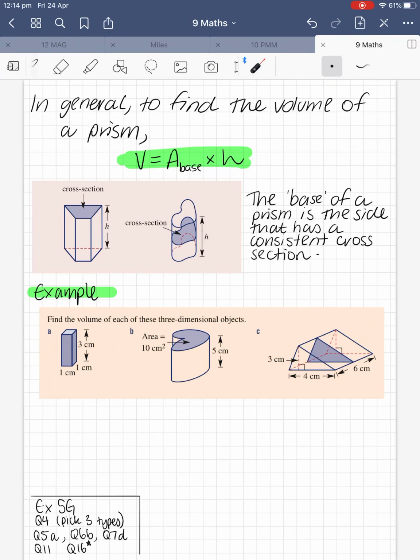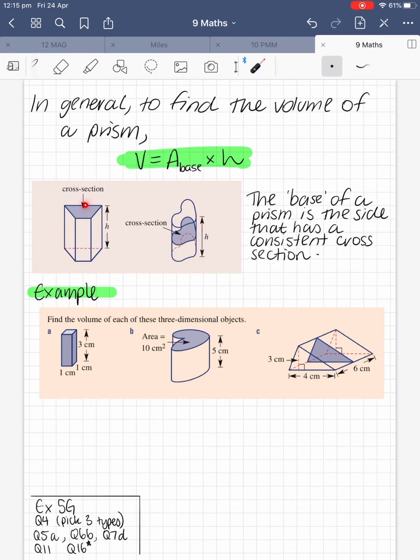So the cross section of any shape is the part where when you keep slicing that shape, you get that same shape each time. So if we keep slicing this prism down here, down here, down here, we're constantly going to get this trapezium. Even with this love heart based shape, if we keep slicing parallel all the way down that shape, we're constantly going to get that love heart.